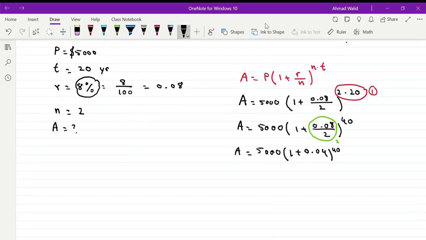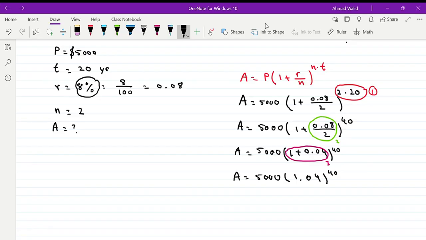Now, what to deal with? Your next step, add these two numbers, please. This is your step 3. Then you can write A equals 5,000 times 1 plus 0.04 gives you 1.04 to the power of 40.